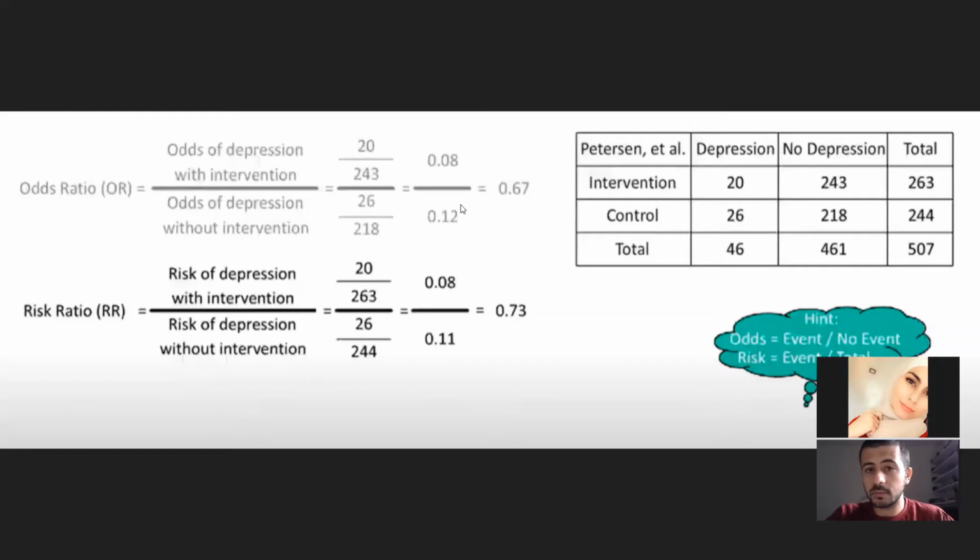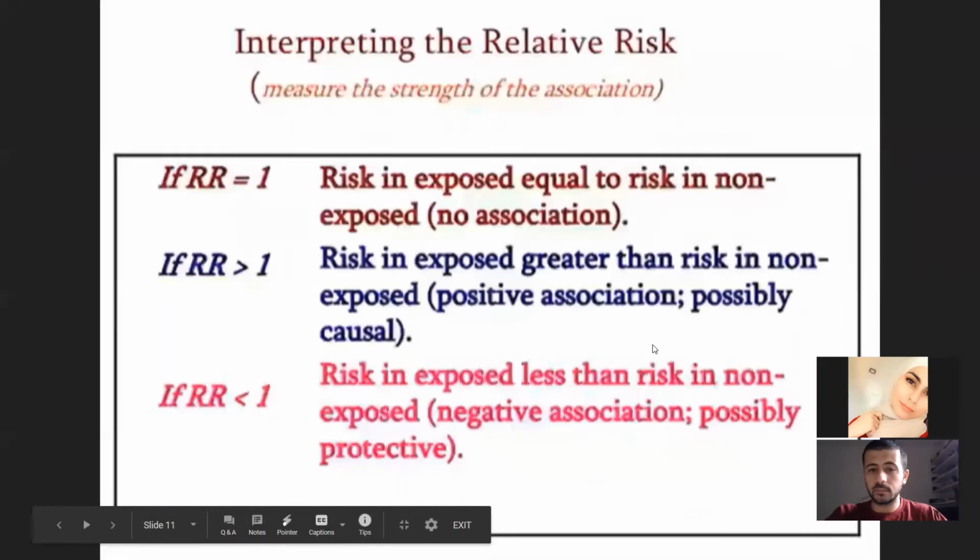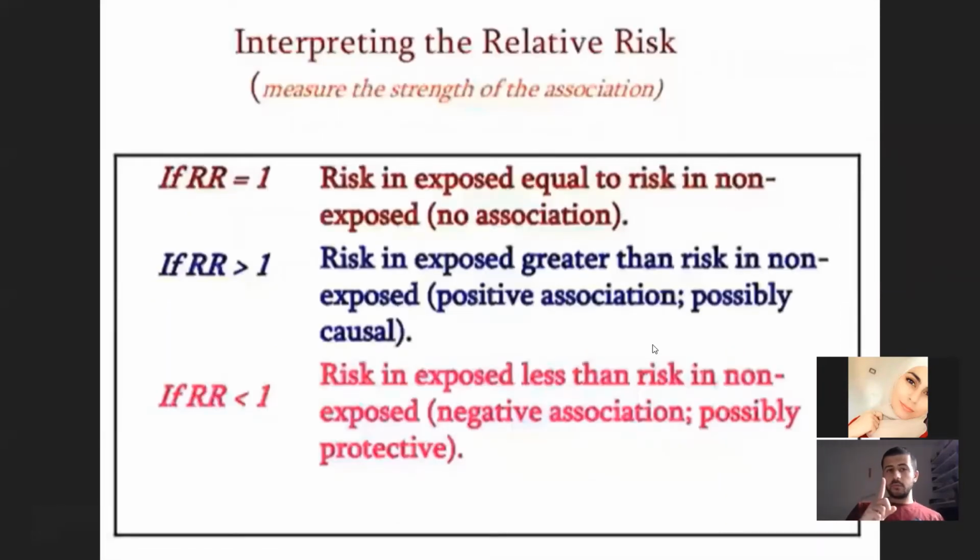And if the odds equal each other, then there is no difference between those with intervention and those without intervention. The same applies to risk ratio. So the reference is 1. 1 means there is no association. Both groups have the same risk.